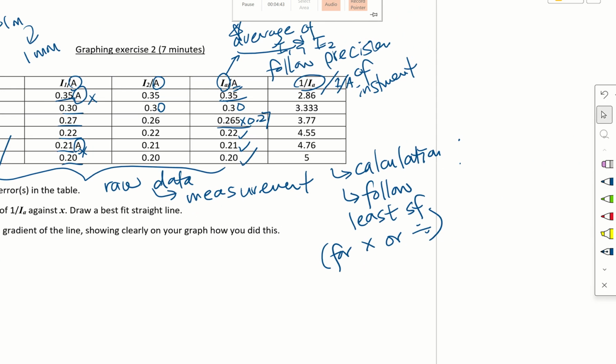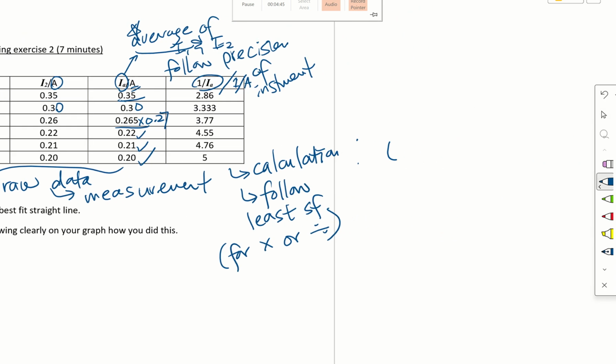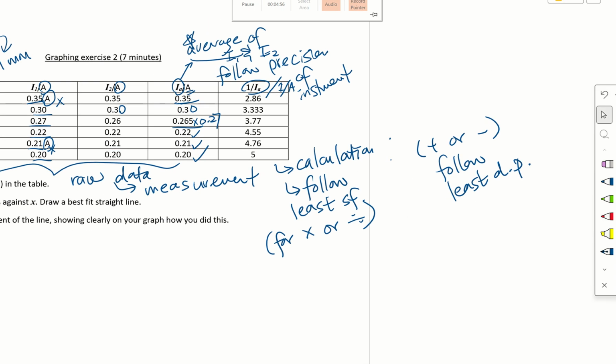Okay, now what about subtraction and addition? You follow least DP. Okay, now this 1 over IA, this one is not a raw data.